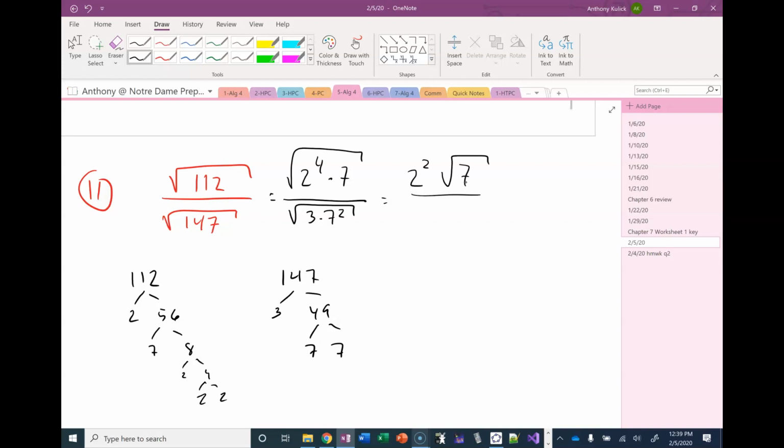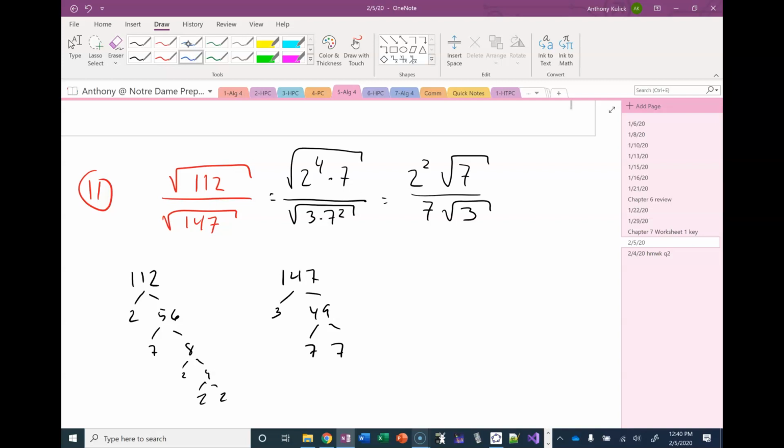I have 1 3, but my exchange rate is 2, so the 3 stays there. And then I look at the 7. I have 2 7's. The exchange rate is 2, so I can move 1 7 to the outside. We okay there?